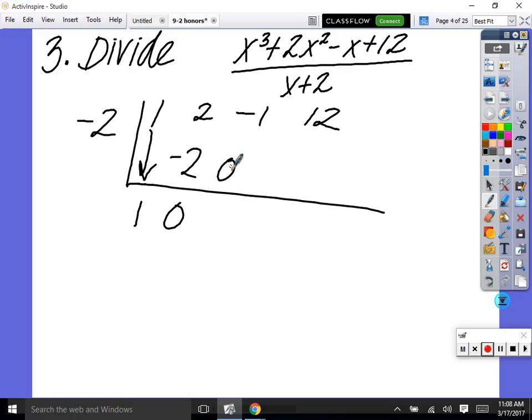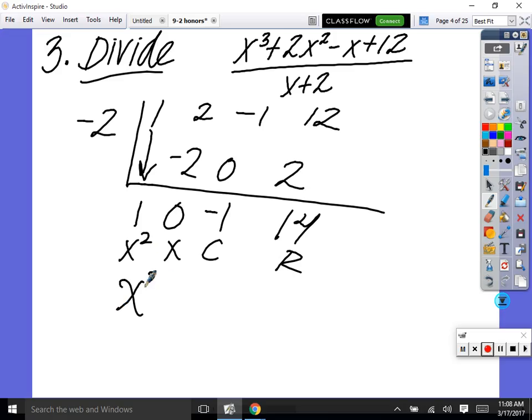That's why we changed the instructions to just divide.